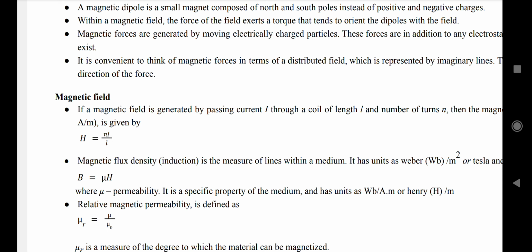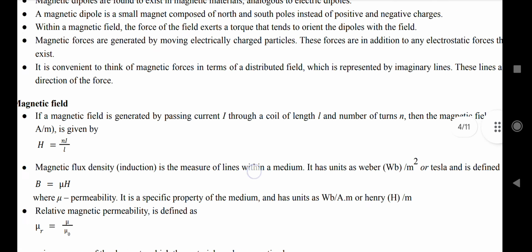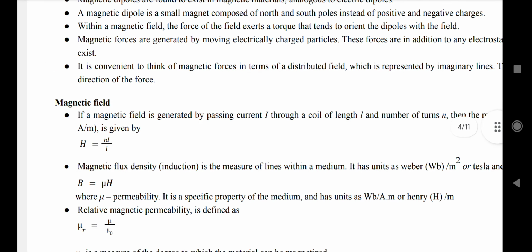Now what is magnetic flux density? It is a measure of lines within a medium. It has a unit of Weber per meter square, or Tesla. It is magnetic flux divided by the area, and could also be defined in relation to the magnetic field strength as B is equal to mu H, where mu is the permeability.